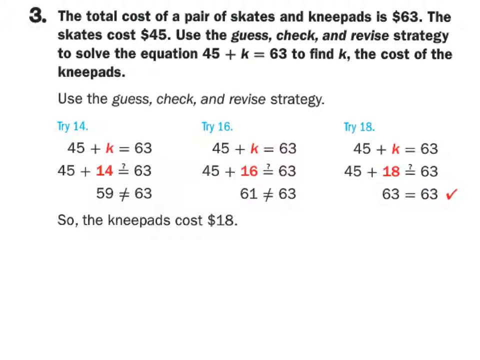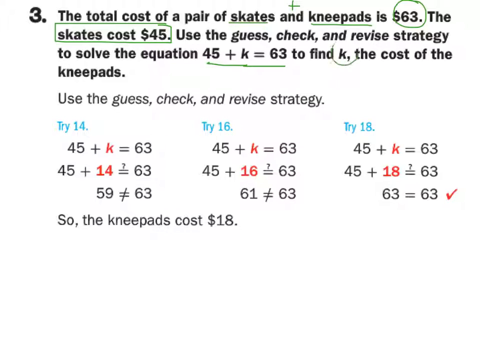So let's try this in a story problem. The total cost of a pair of skates and knee pads is $63. The skates cost $45 all by themselves. Use the guess, check, and revise strategy to solve the equation 45 plus k equals 63.